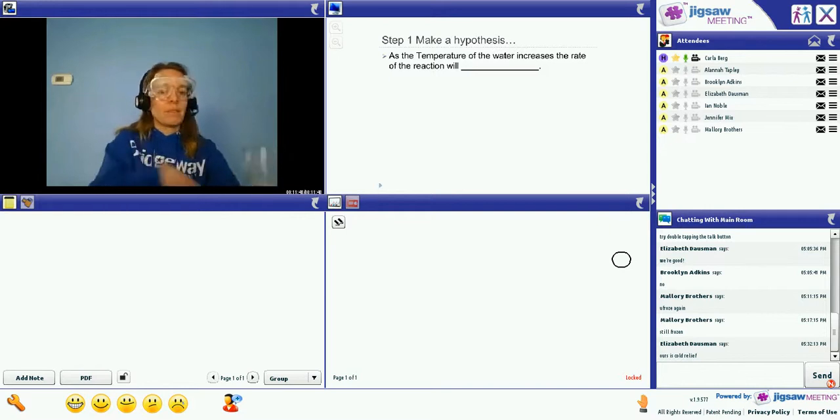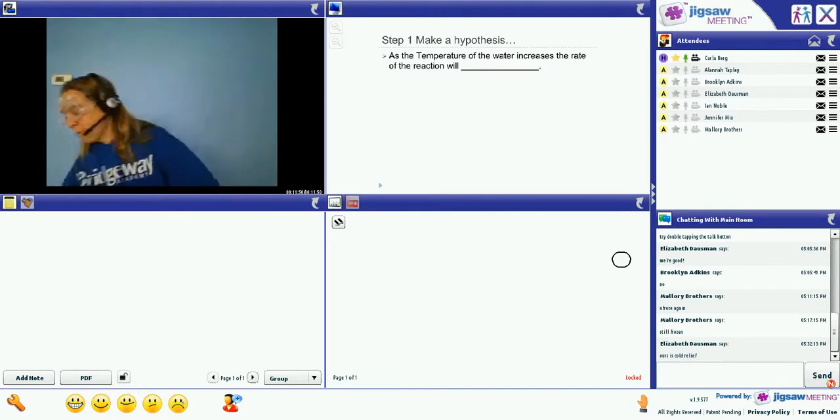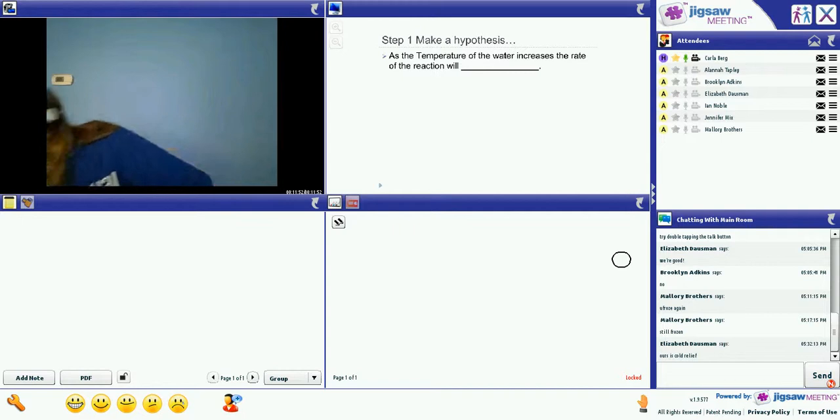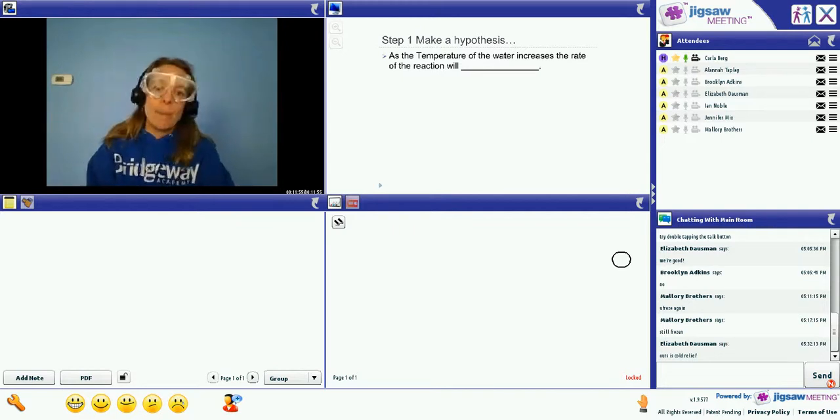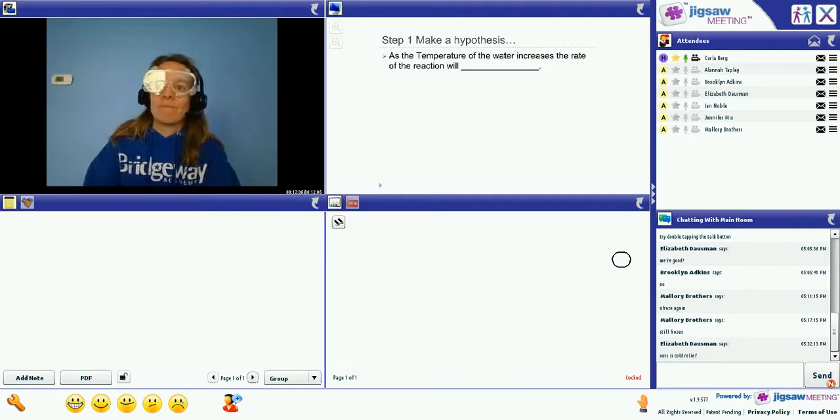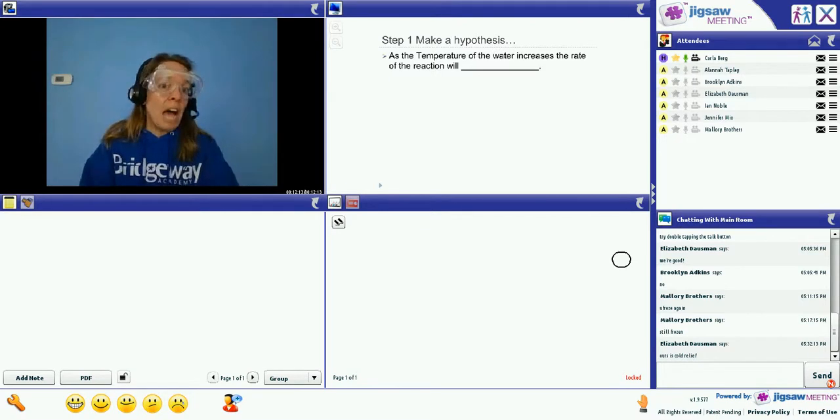If you think that it will slow down as the water gets hotter, your hypothesis will be, as the temperature of the water increases, the rate of the reaction will decrease. And if you're not sure, you're going to write, as the temperature of the water increases, the rate of the reaction will not be changed. So those are your only three options.